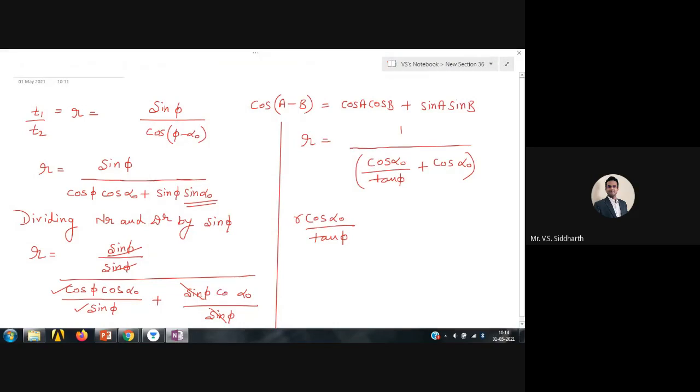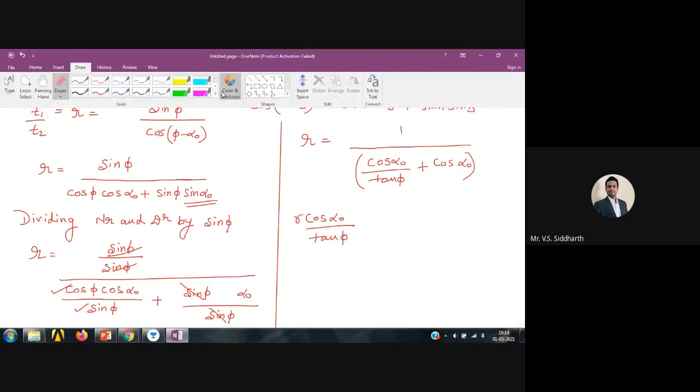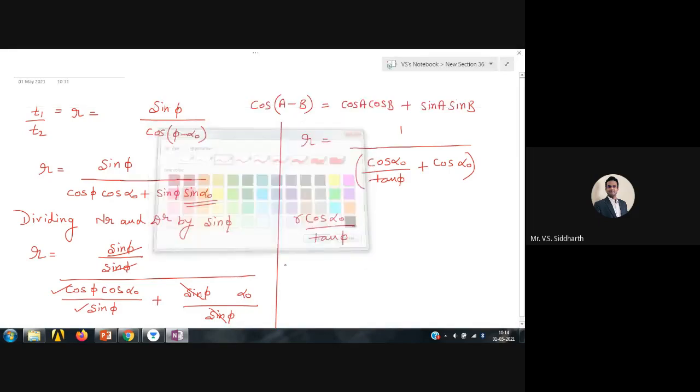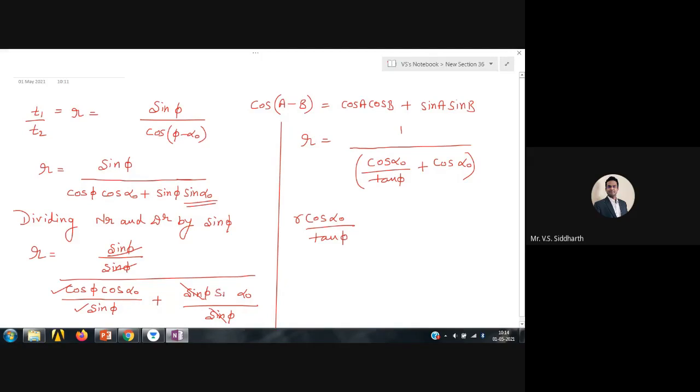This should be cos alpha naught upon tan phi, and here sin alpha naught. Clear now? What mistake have we committed? Have you got it? Just in the formula, I have substituted the wrong trigonometric ratio. Okay.